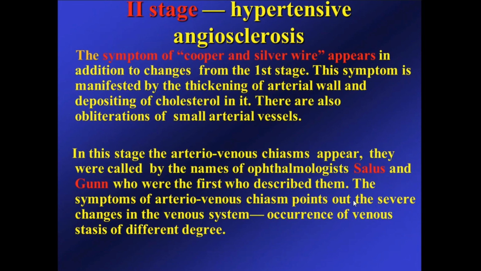In this stage, the arteriovenous chiasms appear. They were called by the name of ophthalmologists Salus and Gunn, who were the first to describe this symptom. The symptoms of arteriovenous chiasm point out the severe changes in the venous system, occurrence of venous stasis in different degrees.